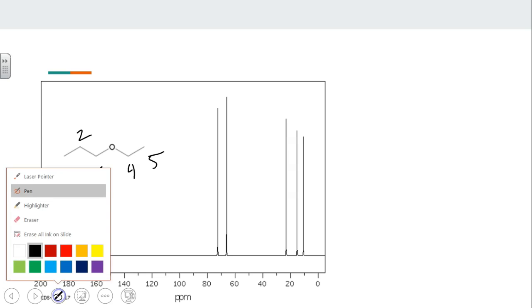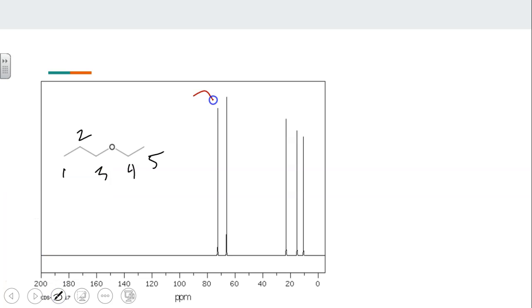Okay, so the thing that I like to do is kind of start down here. What carbon is pulled the furthest downfield? Okay, well, it's this one and this one. Why is it pulled downfield? Well, just like in proton NMR, when you're next to an oxygen, it pulls the signal downfield. So this peak right here could be either carbon 3 or carbon 4, but which one is pulled more downfield?